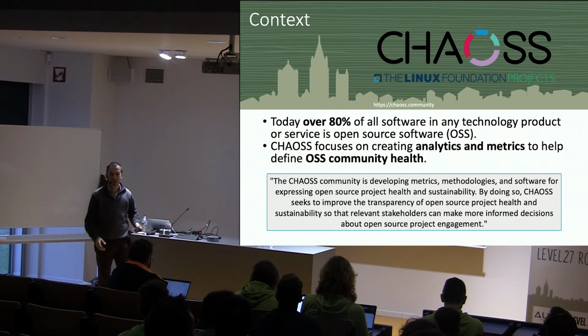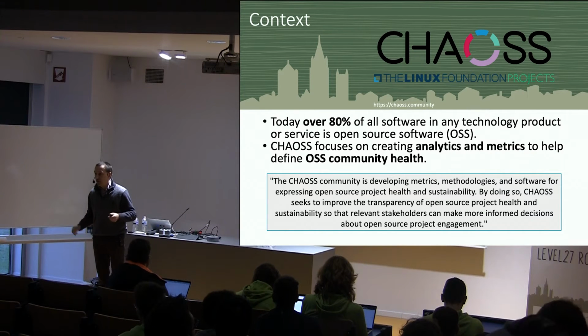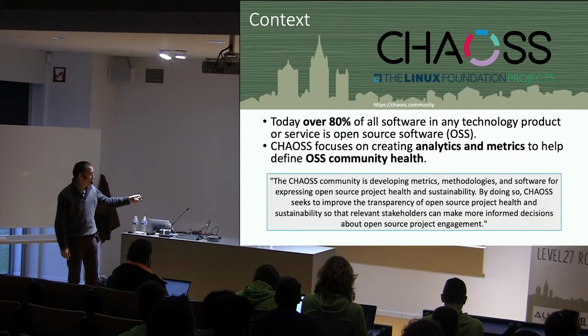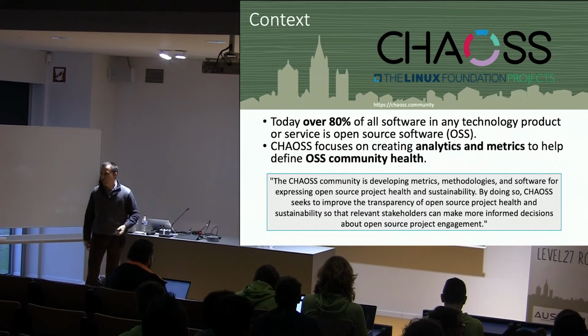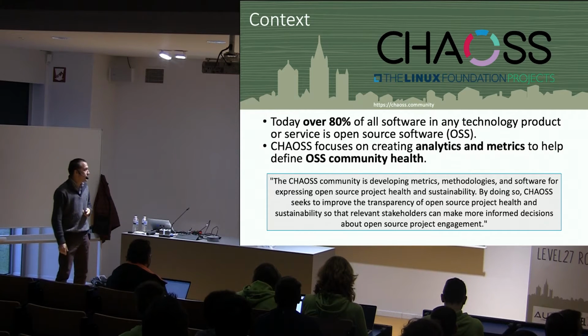And health can mean many different things. It can be the social health, it can be technical health, whatever type of health you can think of, it will probably be in. So basically, whenever you have a big open source community, like Drupal or any other, we want to try to focus on the health of these ecosystems.